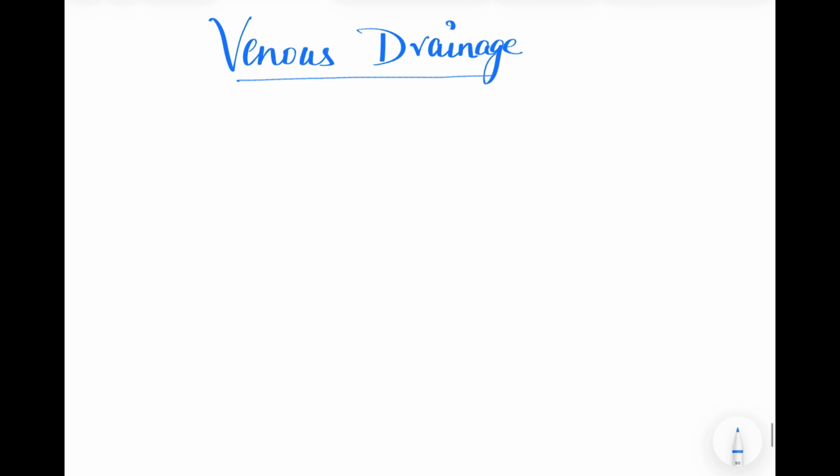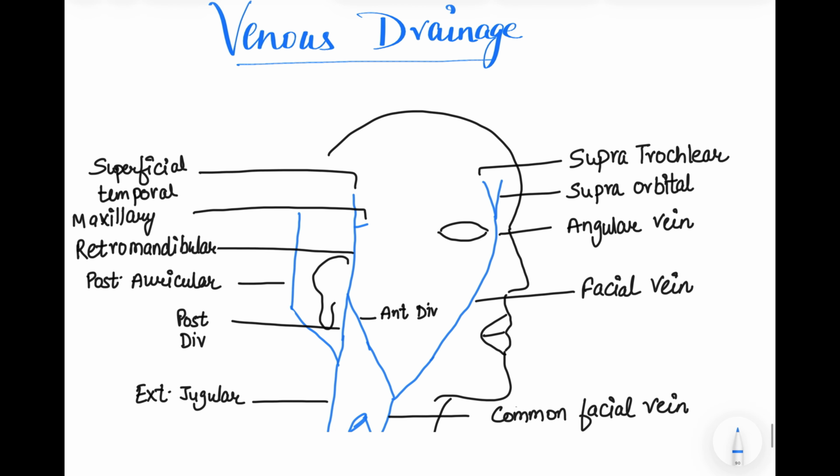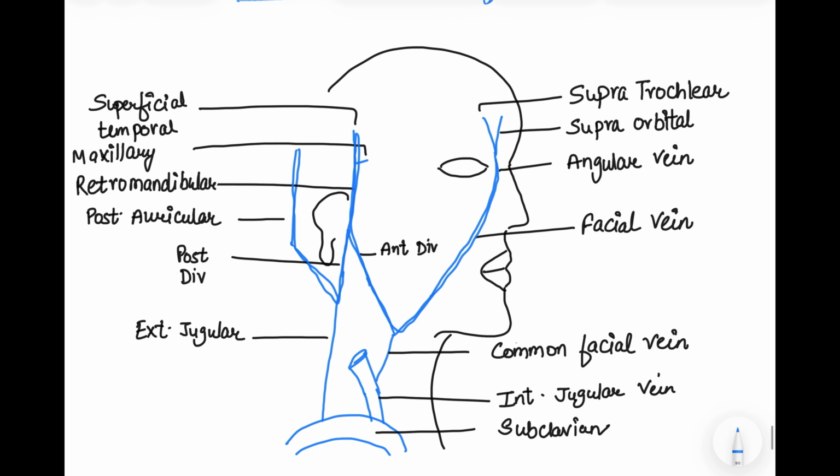Now lastly, coming to the venous drainage. You just have to remember a beautiful W over here, right? This is the W that is formed. What is happening is the 2 veins, supratrochlear and supraorbital, are going to join and form a vein at the medial angle of the eye, that is your angular vein, which is going to continue as the facial vein, just behind the nose, then the angle of the mouth, right?